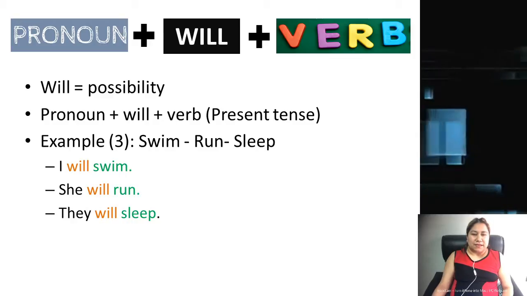For the first sentence, I use the pronoun I plus the auxiliary will and the verb swim, getting a sentence like this: I will swim.